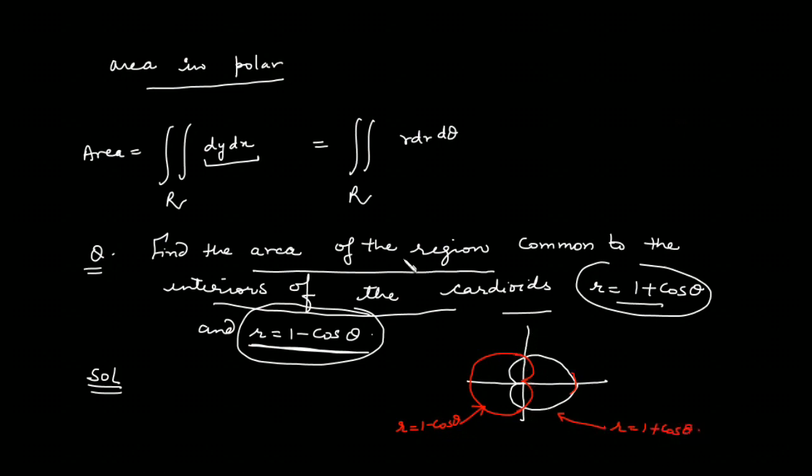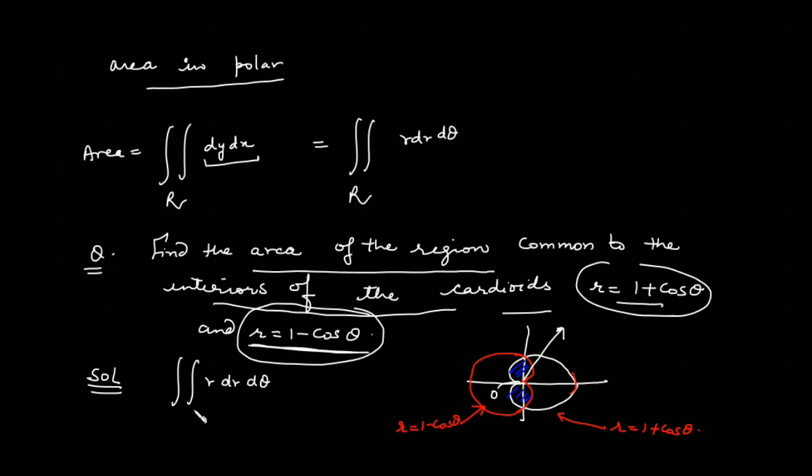Now what is the common region? The common interior to both cardioids is this one. So we have to find the area of this region. We consider this as the pole and pass an initial ray. The area will be given by r dr d theta.